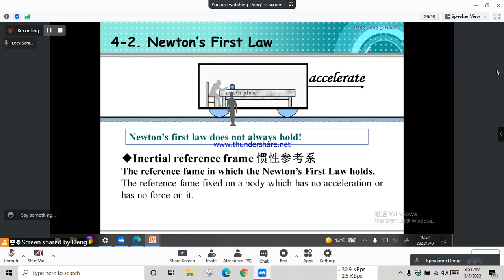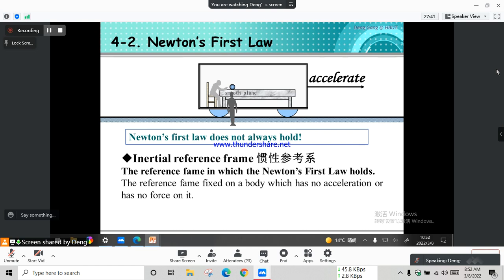But this definition cannot help us determine which reference frame is inertial, so we need this explanation: an inertial reference frame is fixed on a body which has no acceleration, or has no net force on it, meaning the net force on it is 0. For example, here in this classroom, the desk is originally at rest, right?